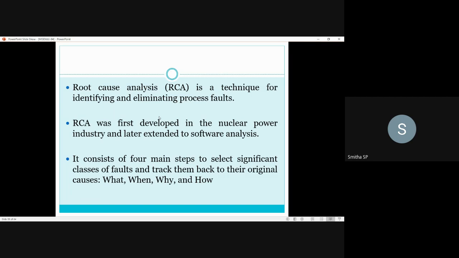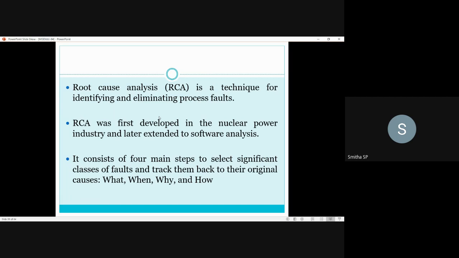It was first developed in the nuclear power industries and later extended to software analysis. It consists of mainly 4 steps: to select the significant classes of faults and to track them back to their original causes. So what are those 4 main steps? What, when, why and how.